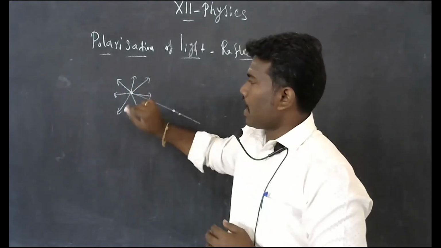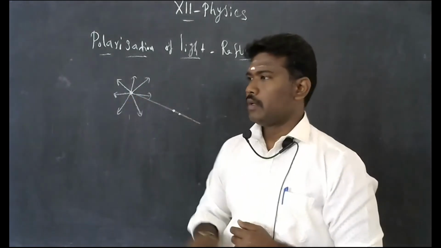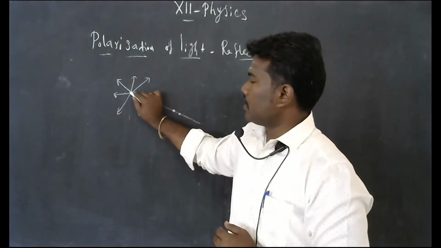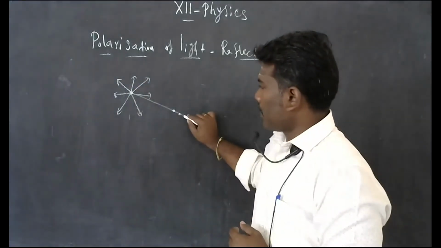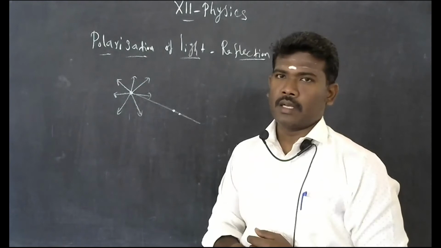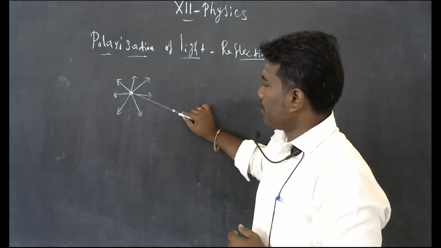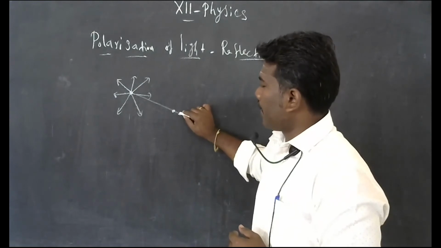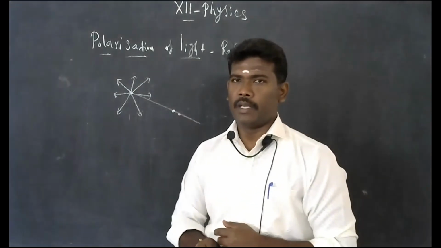So this is a normal diagram representation for the light source. This source emits light rays in all directions. Now I am going to mention the vibrations of the particles in a particular light ray. This dot symbol indicates vibrations parallel to the reflecting surface.